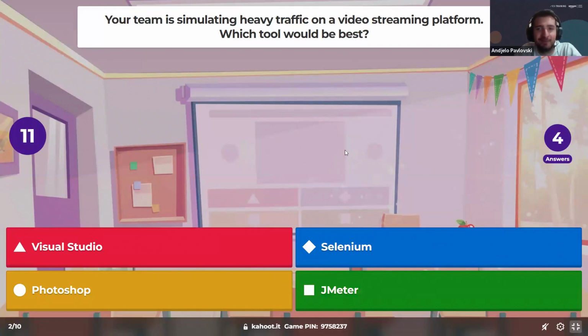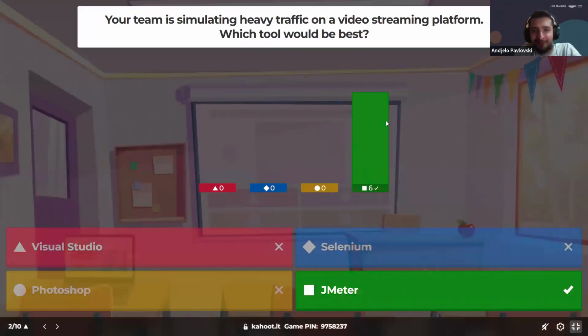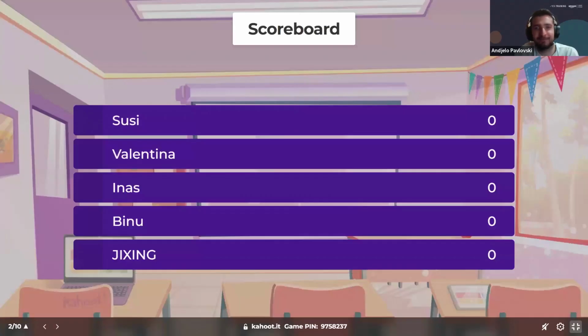You might know some of the other tools as well here. Wonderful. There we go. We got the right answer, JMeter, the tool that we will be using next lesson. The others, obviously, we haven't touched on. And Selenium, we said is absolutely not a performance test. So good job to everyone.